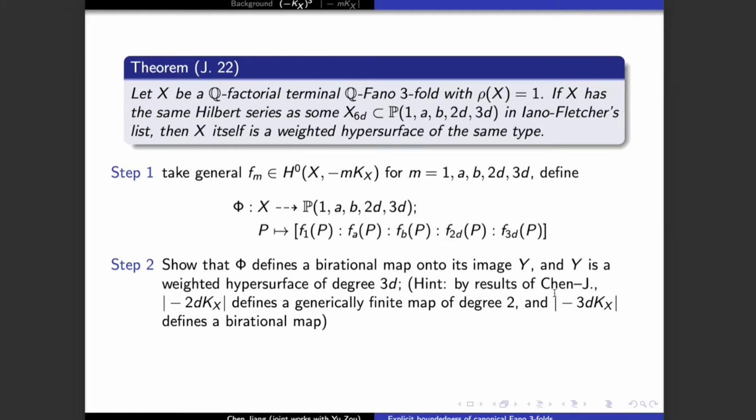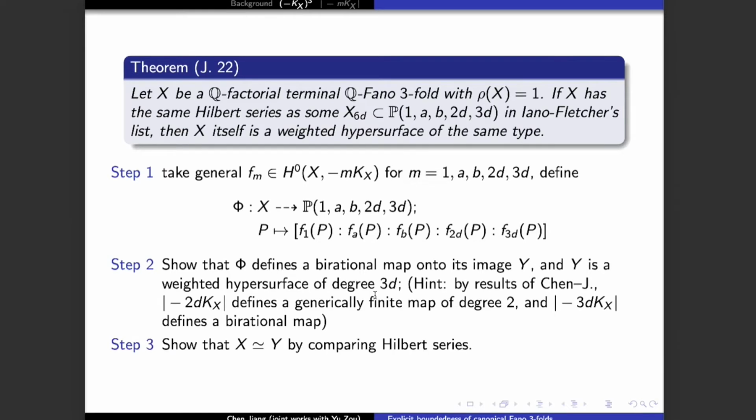And then you can imagine that here we take some general sections of them, and then eventually this section could give us a birational map from X to this weighted projective space. So this actually depends on some geometry of X.